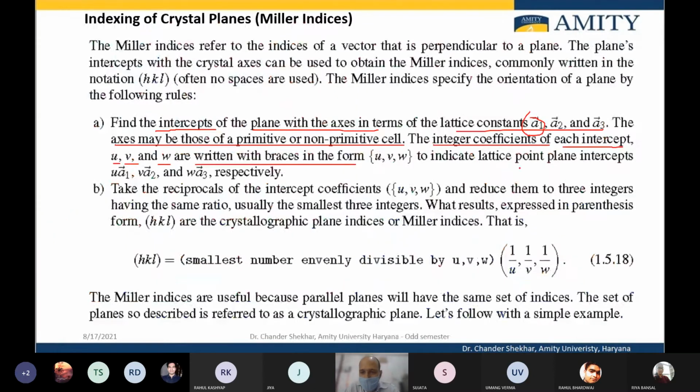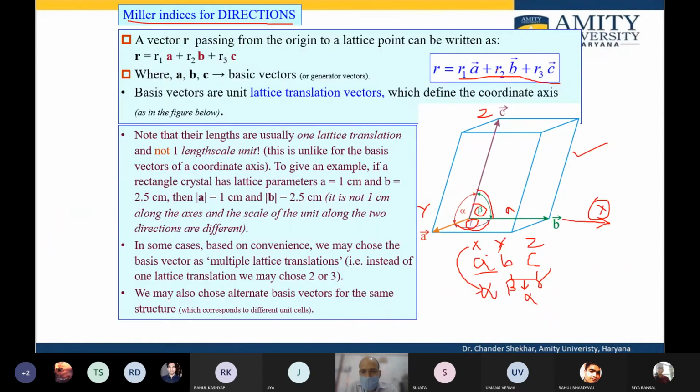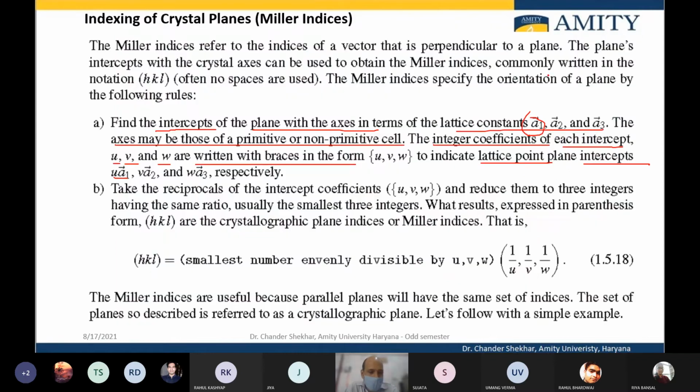They indicate the lattice point intercept. In the lattice translation vector we have R1A, R2B, R3C. The values of R1, R2, and R3, or UVW, come from the intercepts the vector makes on the x, y, or z axis.